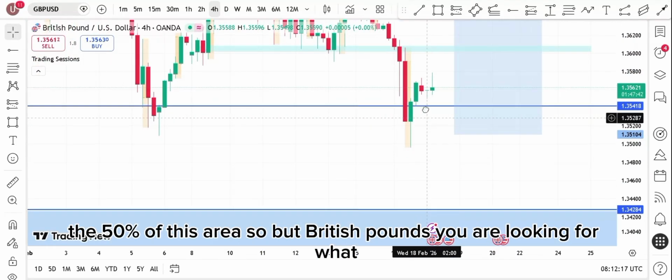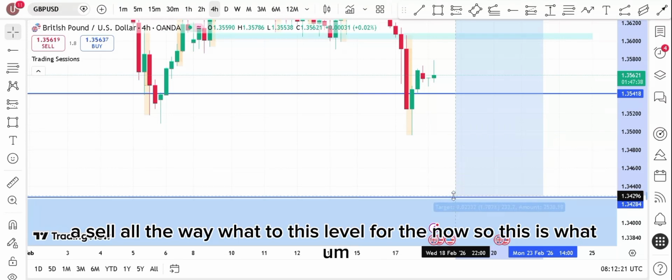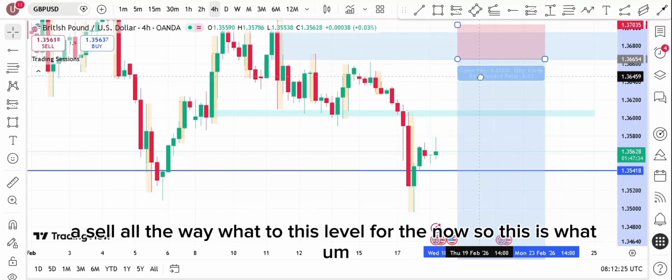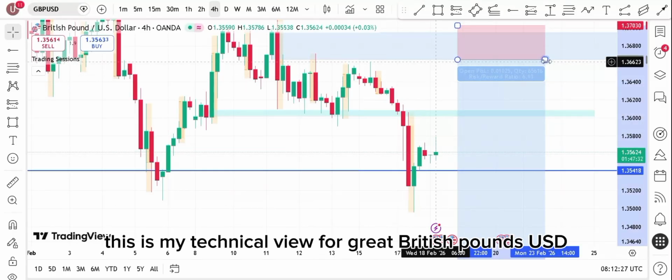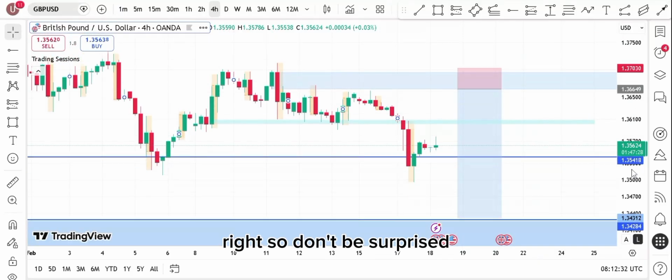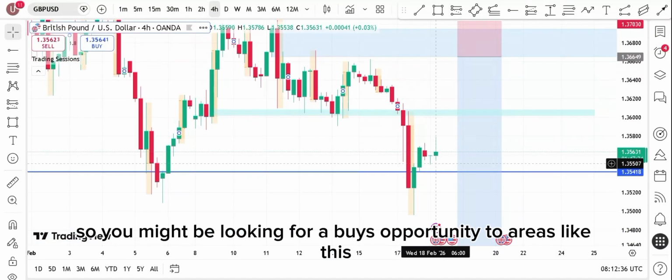So on British pounds, we are looking for a sell all the way to this level for now. This is my technical view for Great British Pounds. So don't be surprised if you get a push. You might be looking for a buy opportunity to areas like this.